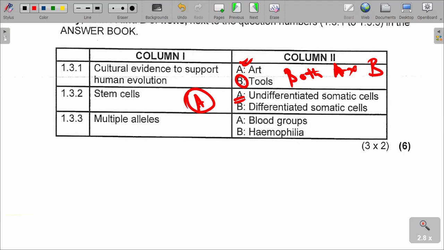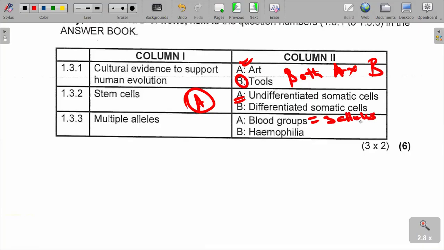Multiple alleles. We are saying which is controlled by more than two alleles. When we look at multiple alleles, they apply to blood groups. Blood groups are controlled by three alleles.